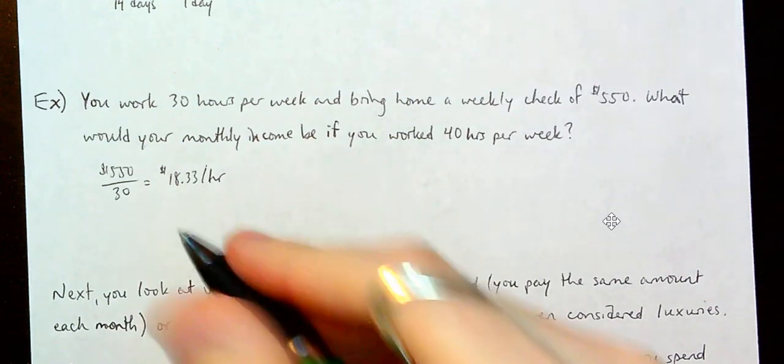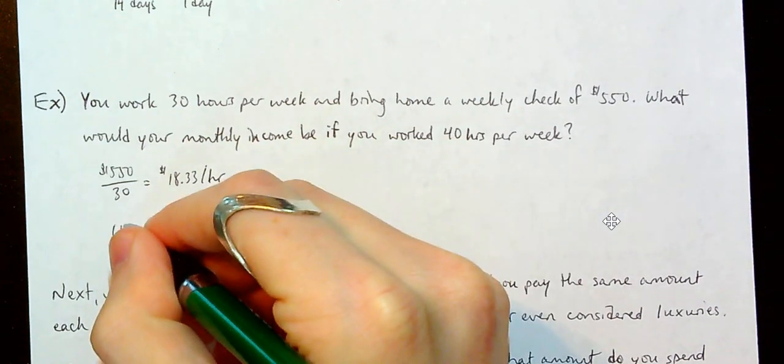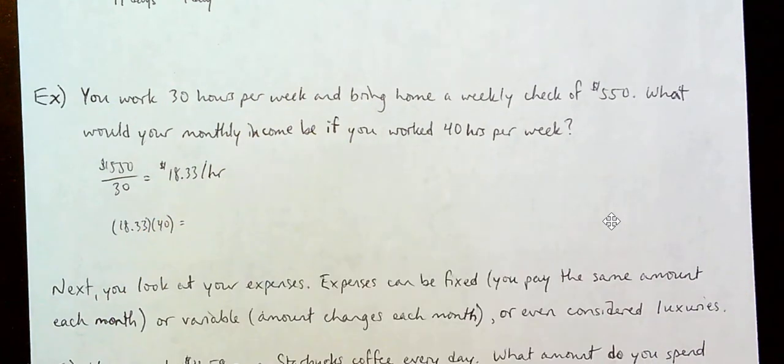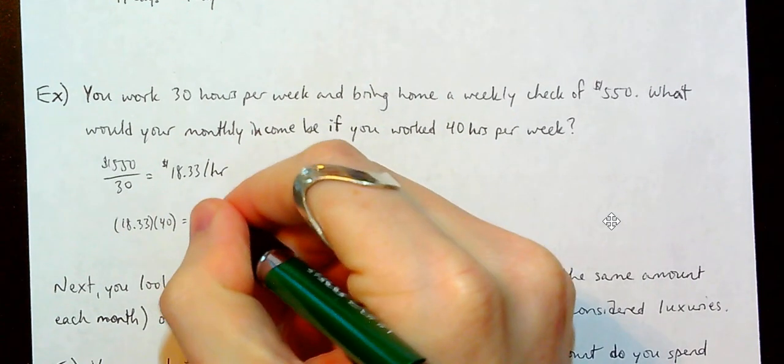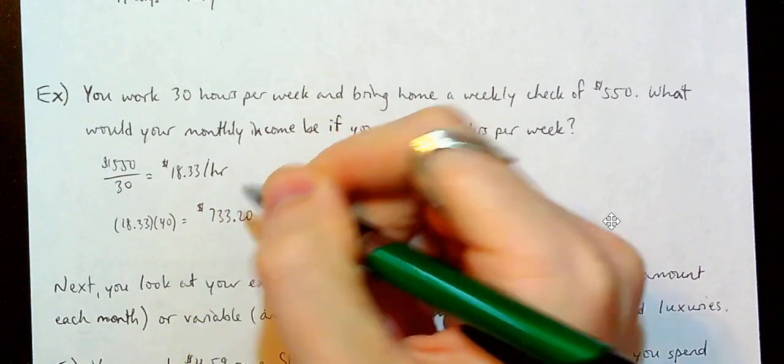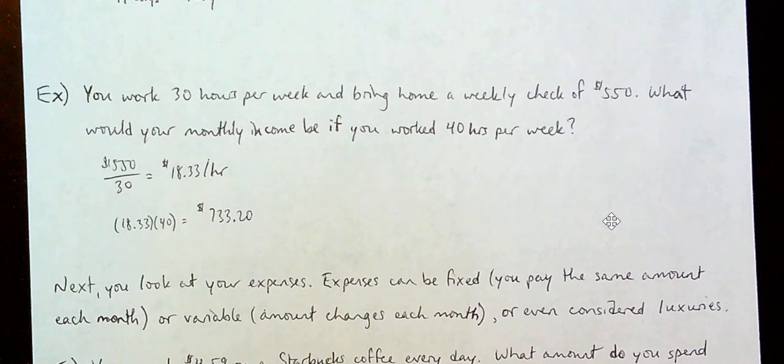So I'm going to do that 18.33 times 40, and 18.33 times 40 is going to give me $733.20. Okay, good. That's how much I make per week.